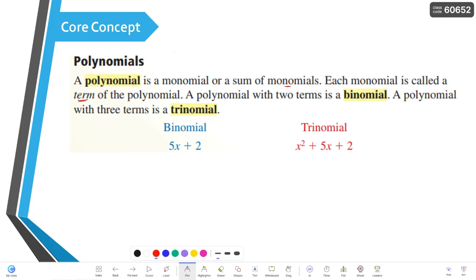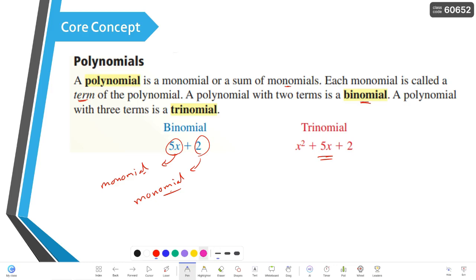If your polynomial has two terms, it has a special name, which is binomial. Like this expression here, we have one monomial, and on the other hand we have a 2 as a number, which is a monomial as well. So we have here two monomials, which is a binomial. A polynomial with three terms like this one is called a trinomial, and anything higher than three terms is generally called a polynomial.